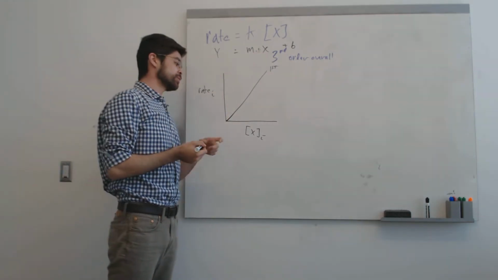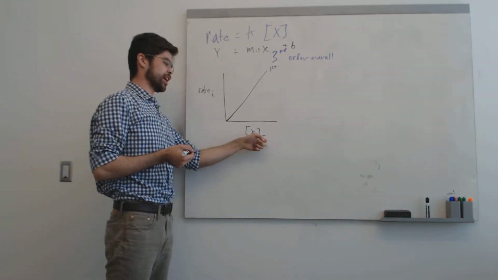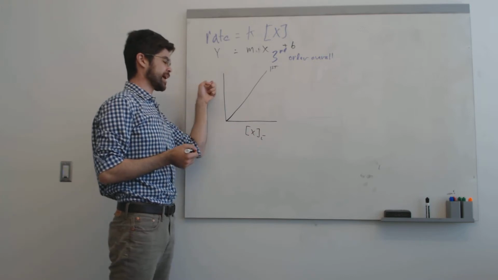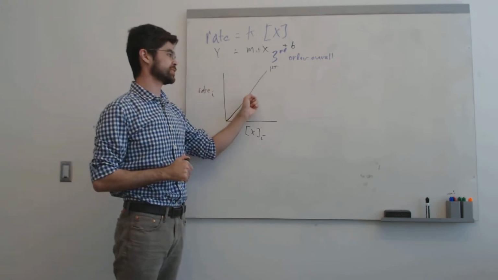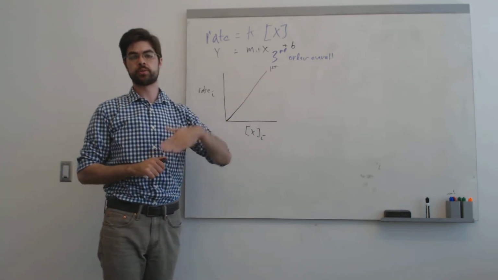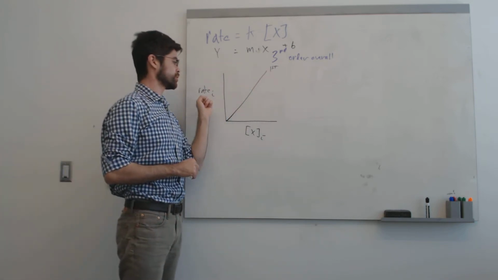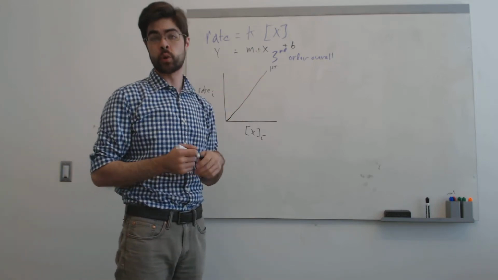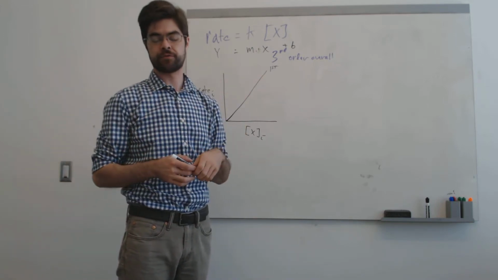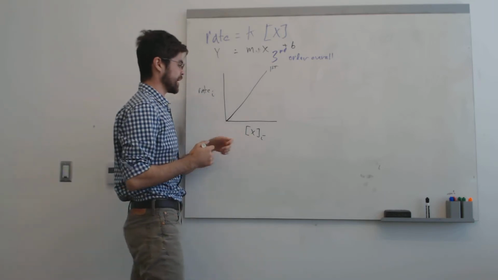So that's if you did a series of measurements where you changed the concentration and you watched how the rate changes. If you got just a linear interpretation, you double the concentration, then the rate doubles in a linear fashion, then that means it's going to be first order. That means that it is first order, at least with respect to x.